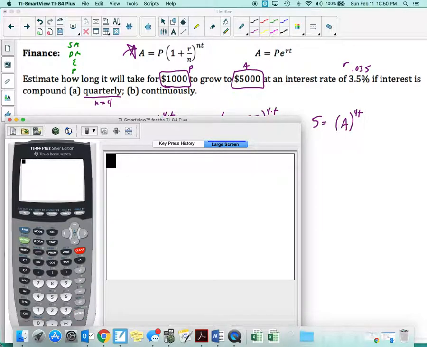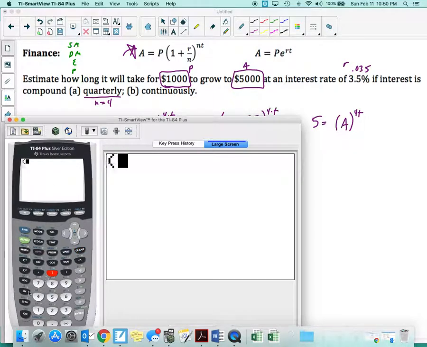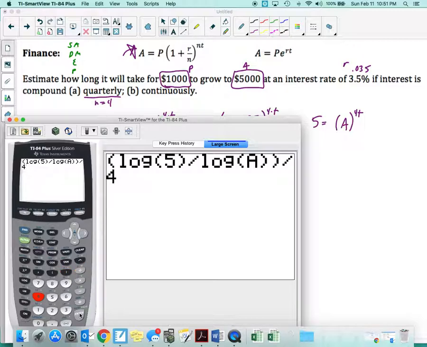All right, so parentheses, log 5, close those, divided by log of alpha A, close the first set of parentheses, and divide by 4.